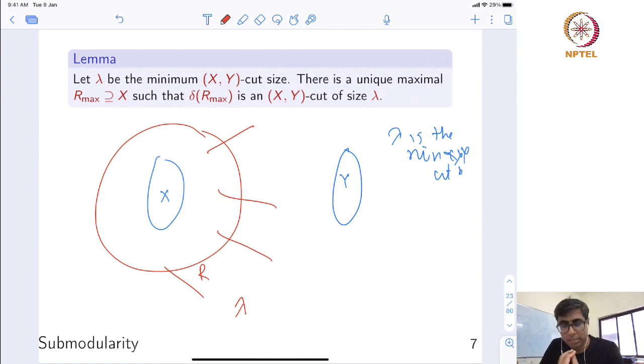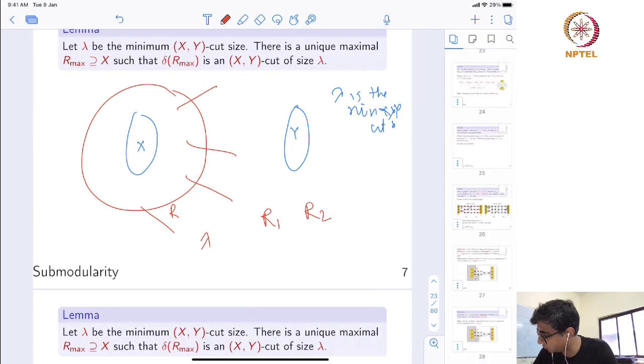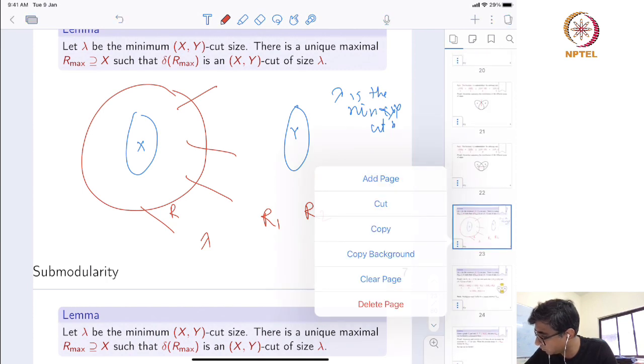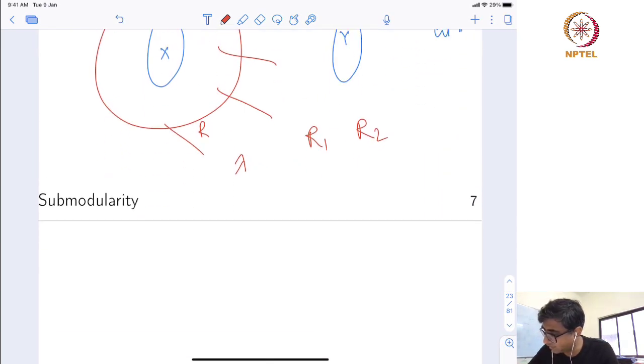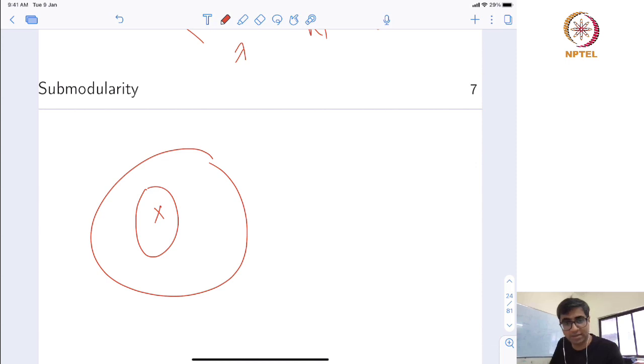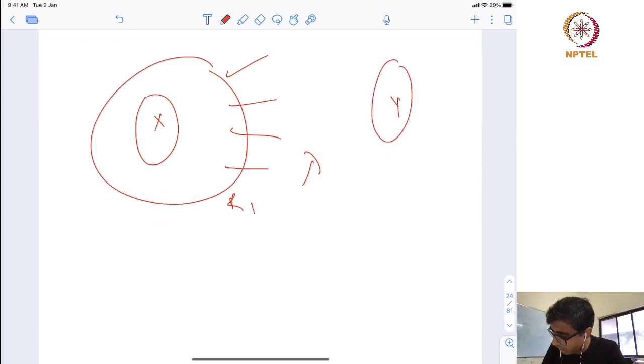Now, what this lemma tells you is that if you have two R's, say R1 and R2, here is an x and here is some R whose value is lambda, and of course this is a min cut, so y is completely outside, and suppose this is R1.